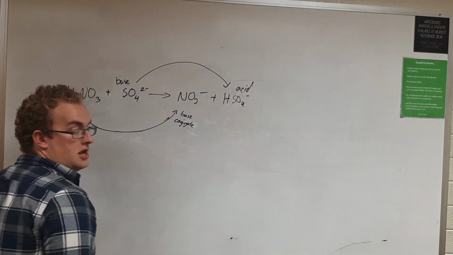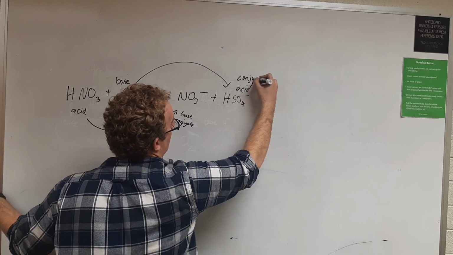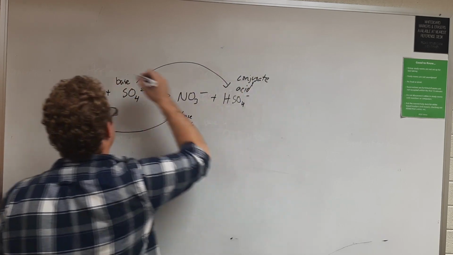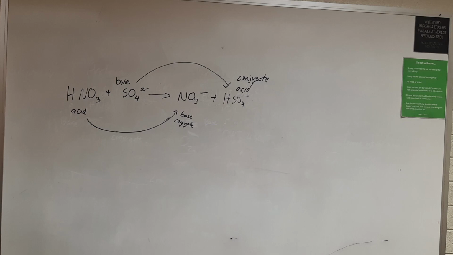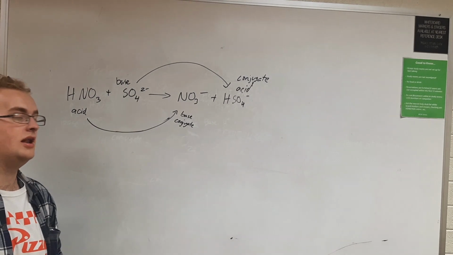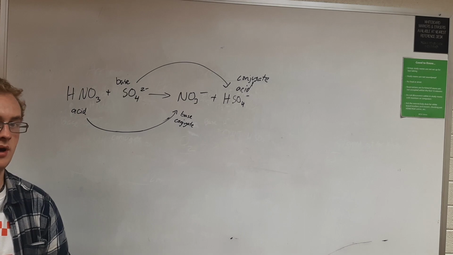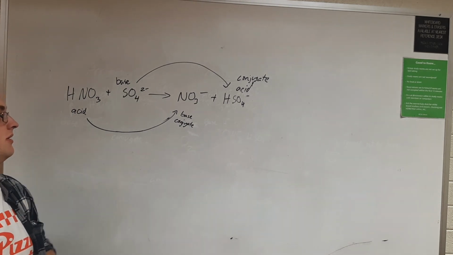It could give up that H if it wanted to. So this is the conjugate acid of this base. And then you can just think, okay, how do I get the conjugate acid of something? I just need to add one proton to it. And if I want to find the conjugate base of something, then I just need to take away one proton from it, one H, right?